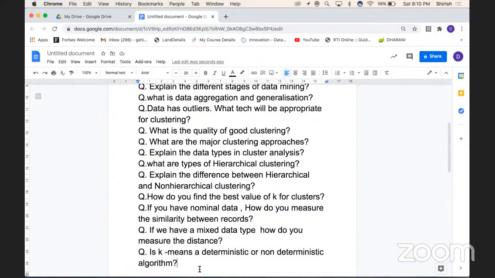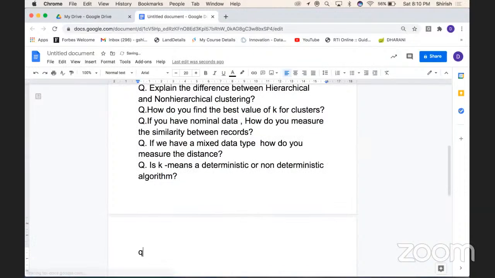My next question would be, does clustering help in EDA? Tell me. This particular clustering helps in EDA method.